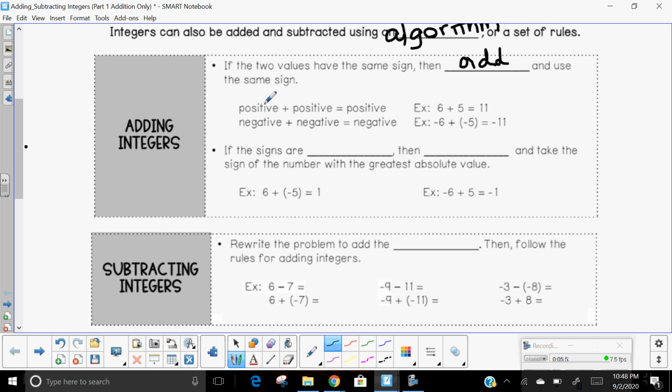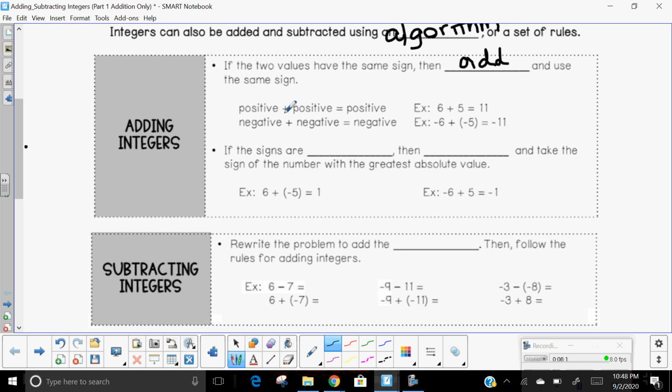So if the signs of two numbers are the same, a positive and a positive, my answer is going to be positive. So we add them together. 6 plus 5 is 11, and then we keep the positive sign.